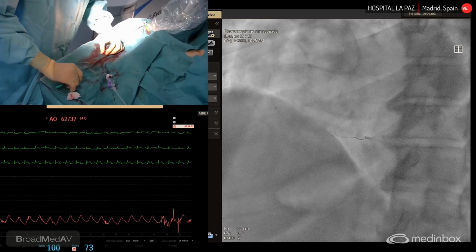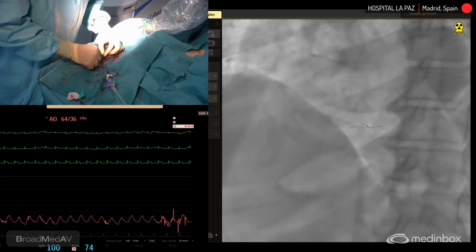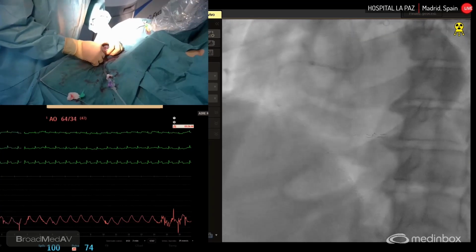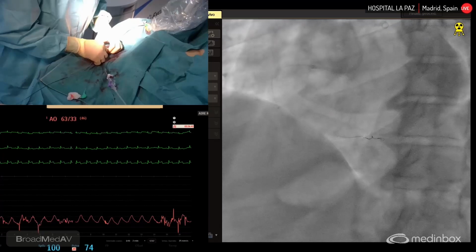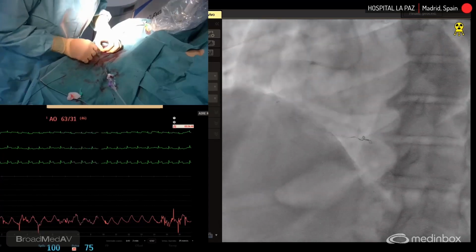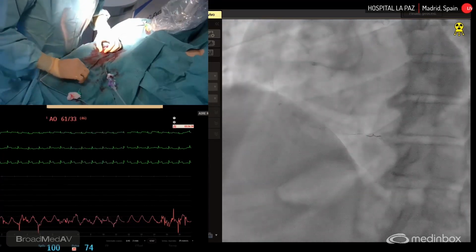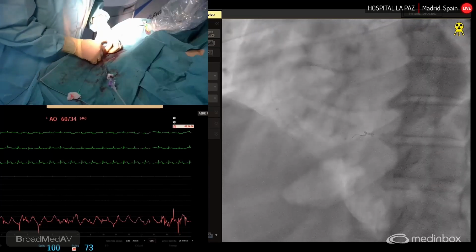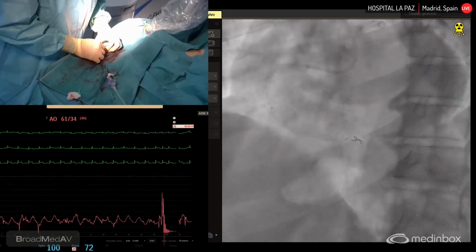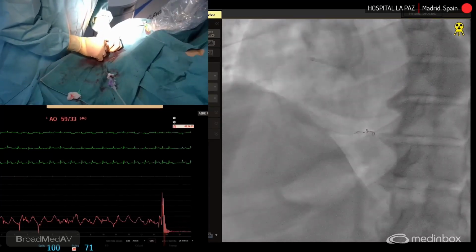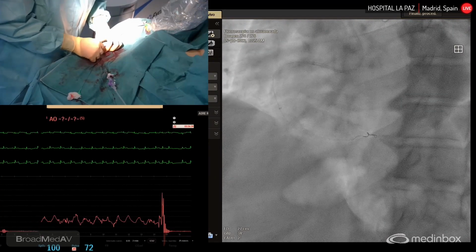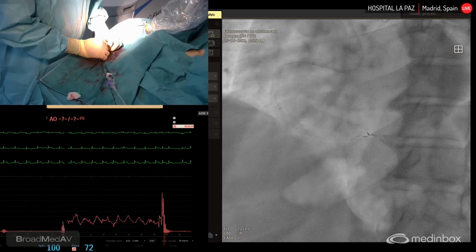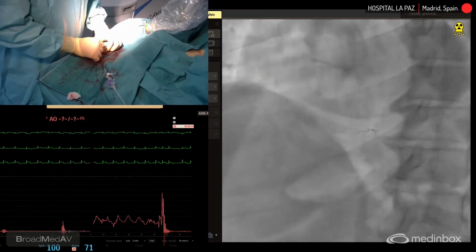So the patient has had some pain, and you can see now the ECG is elevating the ST segment. Maybe there is some embolization of the debris after laser. We are treating. Dame nitro, porfa. So let's make another OCT.